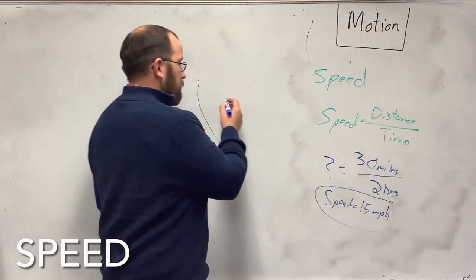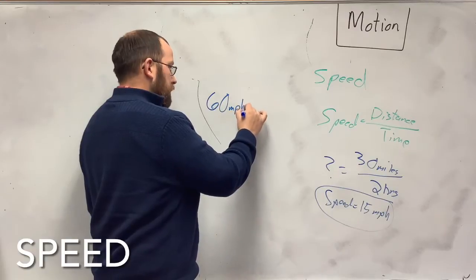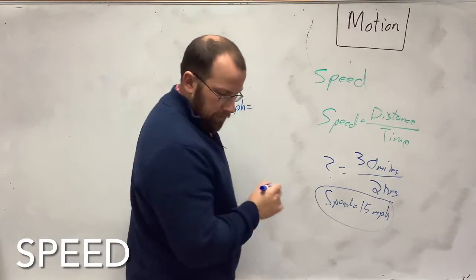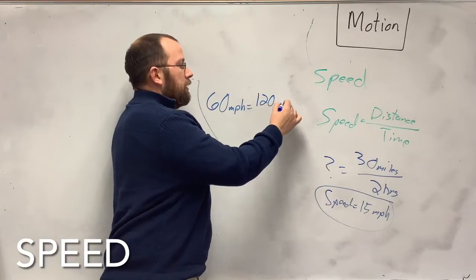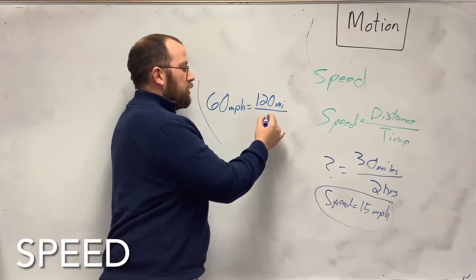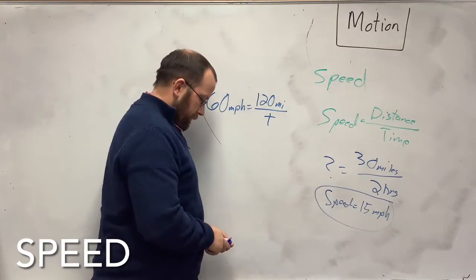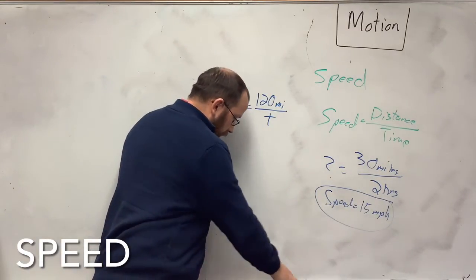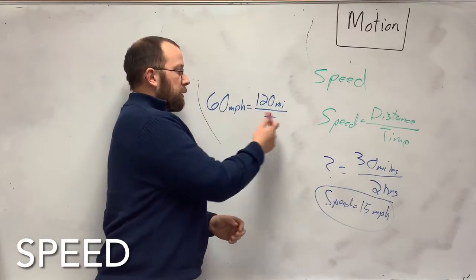Now, for another example, what if I say I'm going 60 miles per hour for a distance of 120 miles? How much time is that? So this is a weird way to solve it, but you have to get the t out from underneath there first.